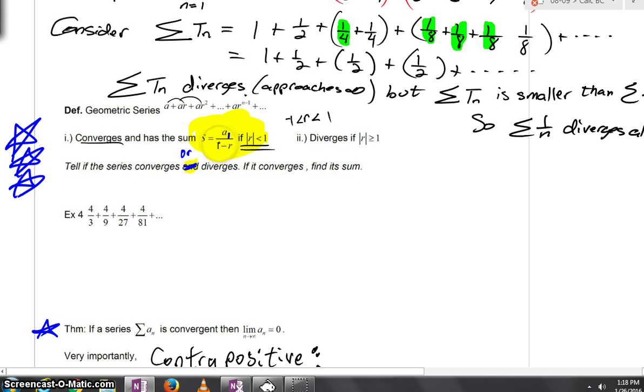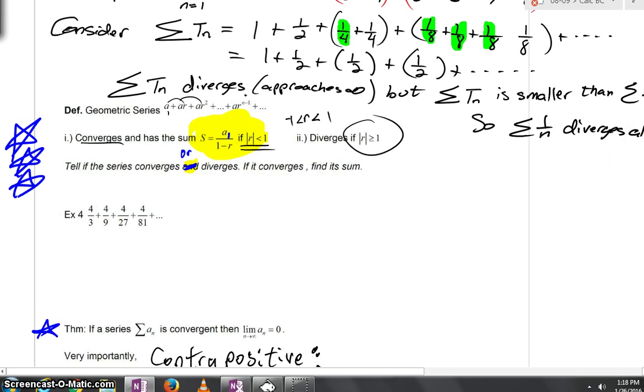The formula to find what it adds up to is the first term, a sub 1, divided by 1 minus the common ratio. By way of comparison, if your common ratio is equal to 1 or greater than 1 in absolute value, then you will diverge.